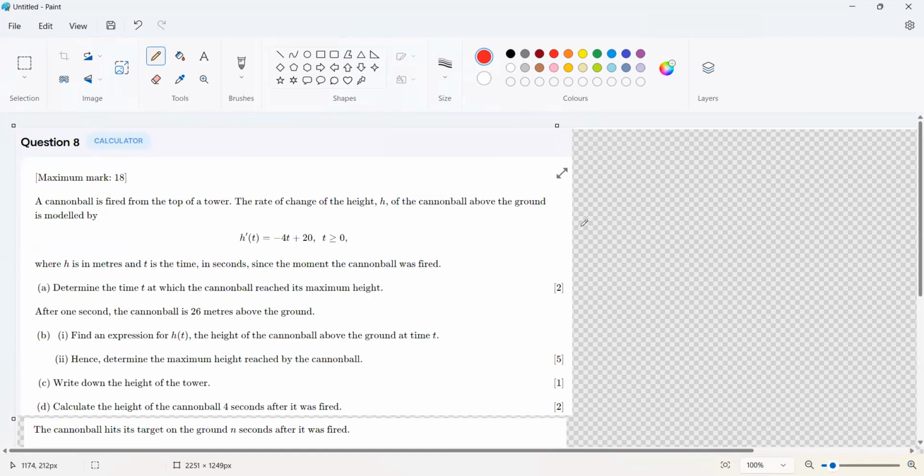Rate of change of height is given to us when the cannonball is fired from the top of the tower, where h is in meters and t is the time in seconds since the moment the cannonball was fired. Determine the time at which the cannonball reached its maximum. We need to find the maxima. We already have the differentiated function.